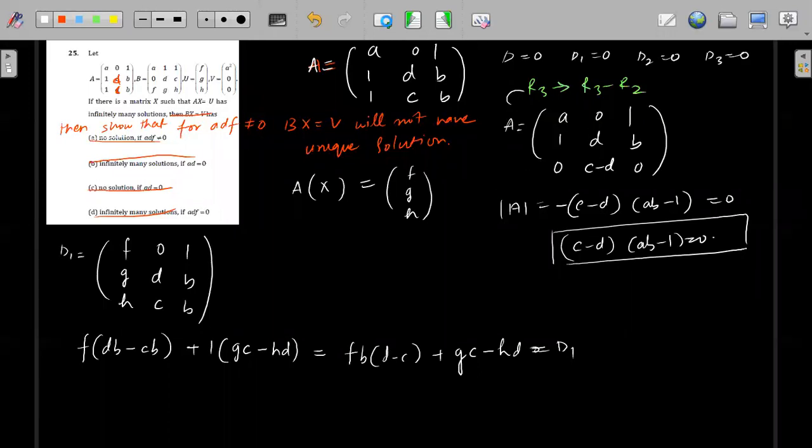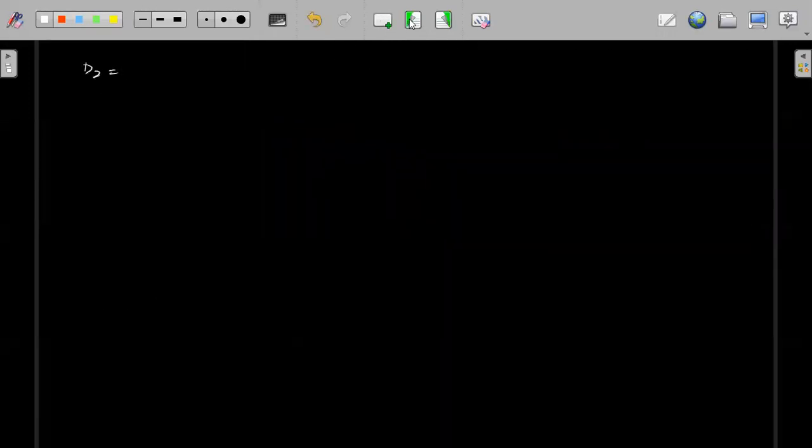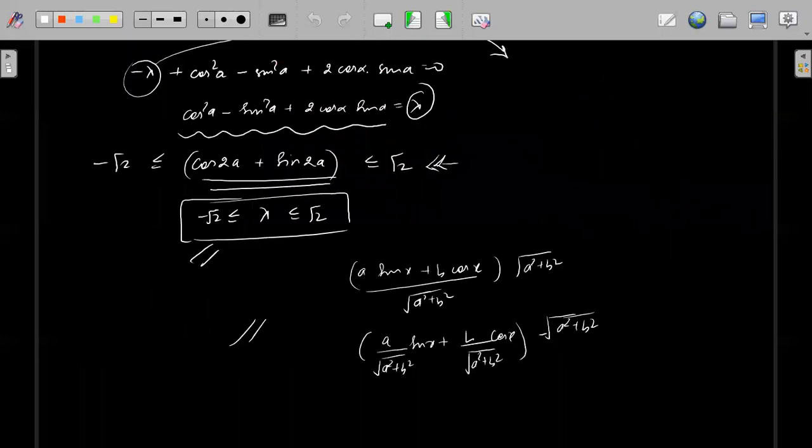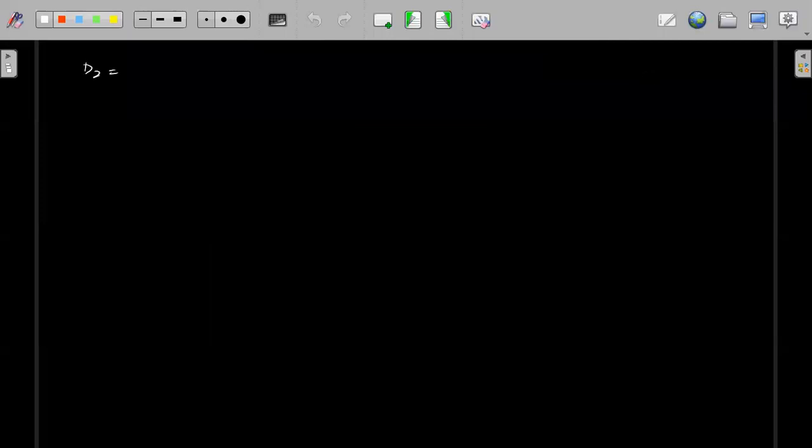Second, I will find D2. So D2 is equal to, when I substitute FGH in the second column. I will write the matrix once again here. So A 1 1, 0 D C, and we have 1 B B. Okay, so in this case, D2 will be A 1 1, and here we'll have FGH, and here we have 1 B B. So again I will find the value of D2.